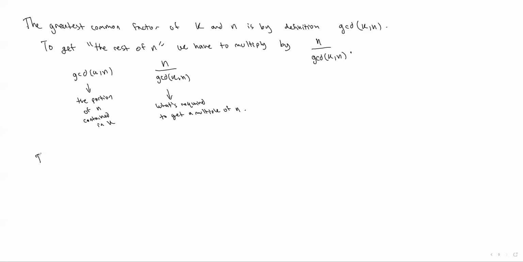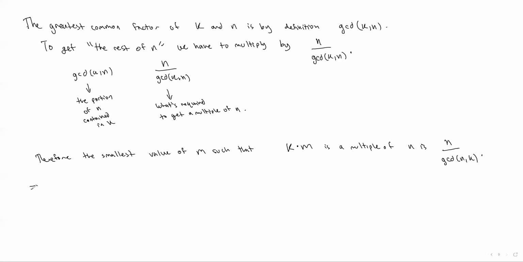So therefore, the smallest value of m such that k times m is a multiple of n is n over GCD(n, k). I reduced finding the order to finding the smallest value of m such that k times m is a multiple of n.